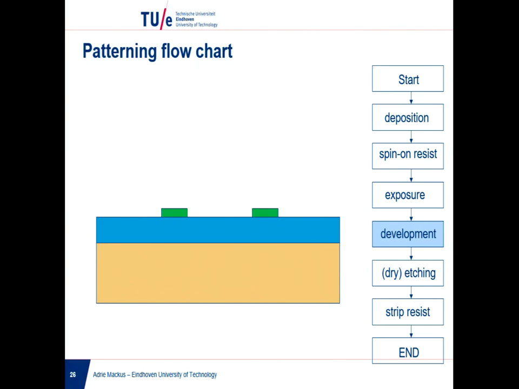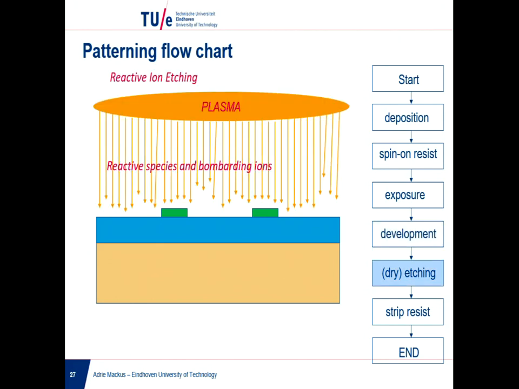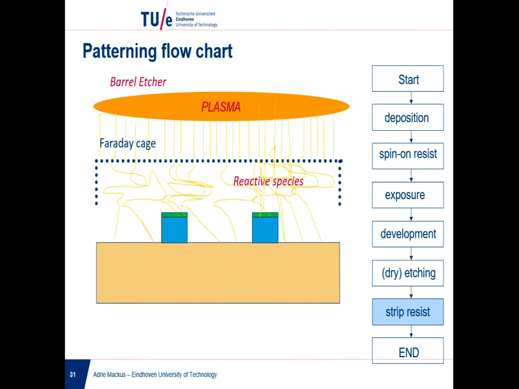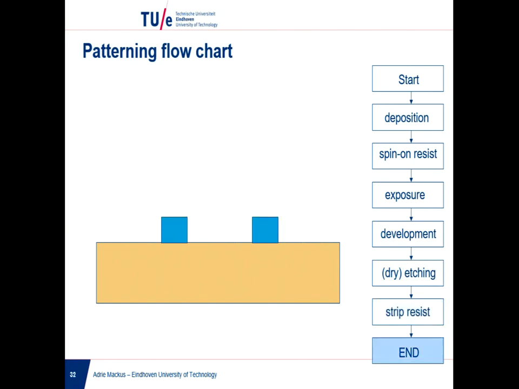Then the next step is to do etching. So basically you want to transfer this resist pattern to your underlying film. So what you can, for example, do is anisotropic etching using a plasma. And then the last step is to strip the resist, which can also be, for example, done with a plasma.